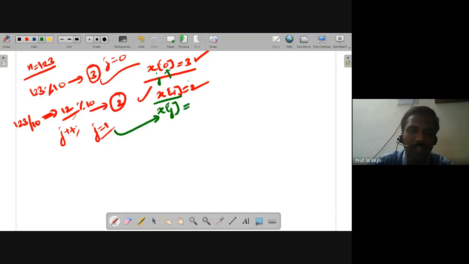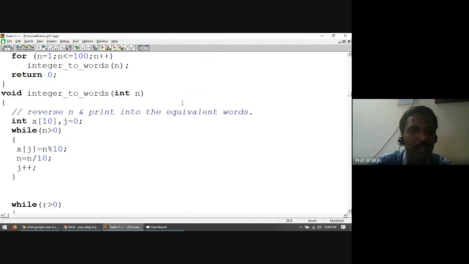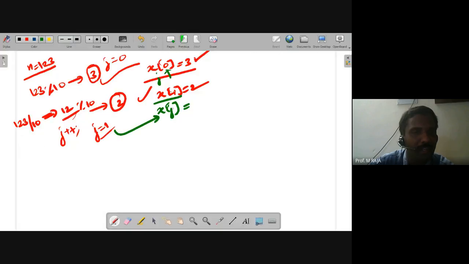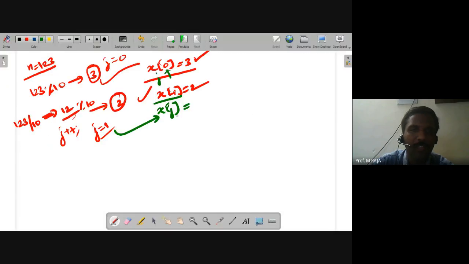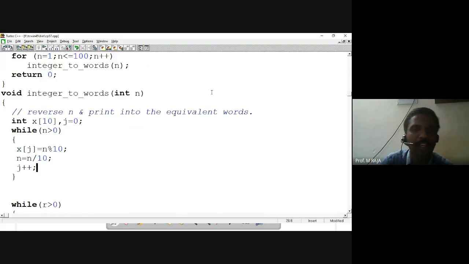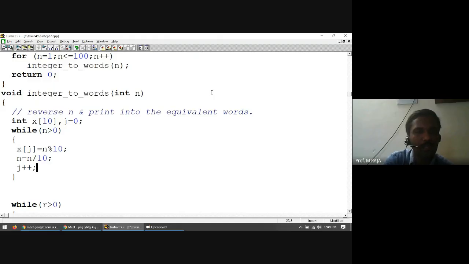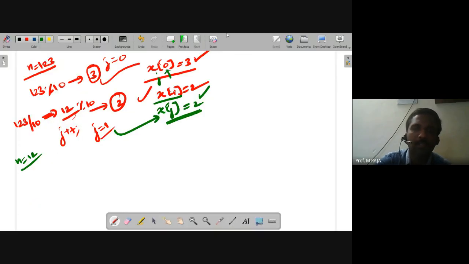x[j] is equal to the next value, that is n mod 10. Currently, n is updated because of n is equal to n by 10. n becomes 12 here. 12 mod 10 is 2, x[j] is equal to 2 is assigned. Then n is equal to n by 10, 12 by 10, that results in 1.